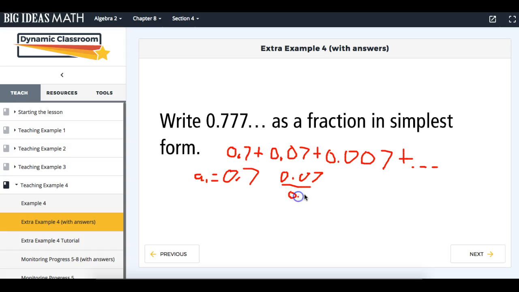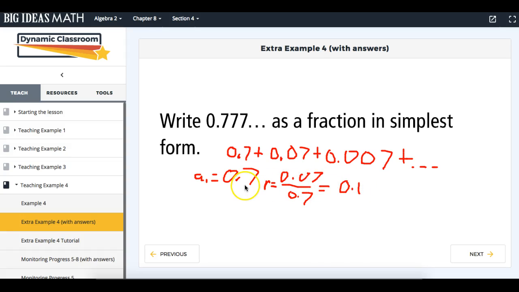This is our R value right here. And again, R is just the second term divided by the first term. When we use the calculator and figure that out, we get 0.1. That's just 0.07 divided by 0.7.